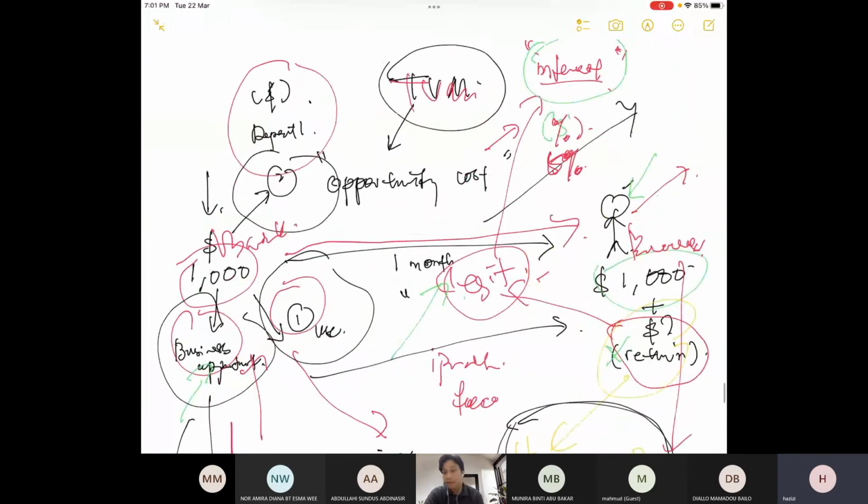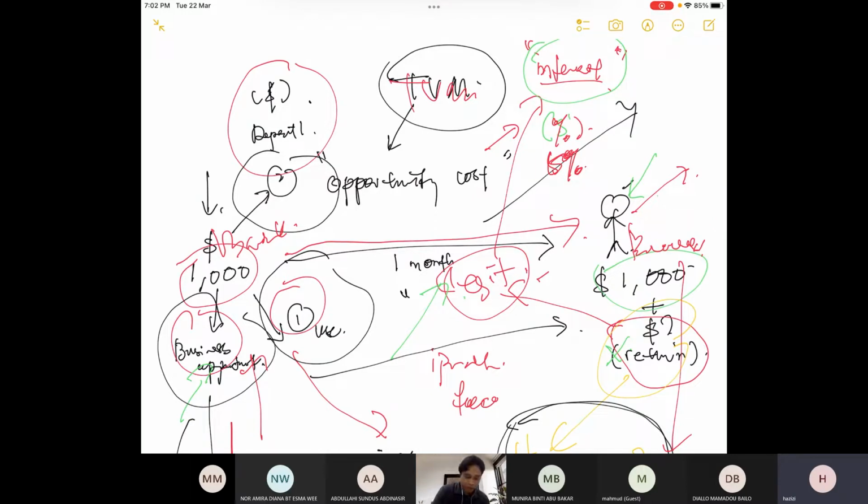When I lend the 1,000, I don't care whether he is going to do well in his business or get a return from the money borrowed, because at the end I'm just expecting the repayments and also the returns.